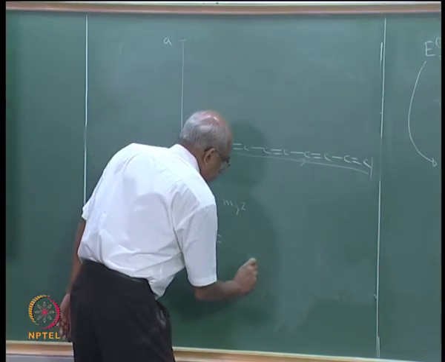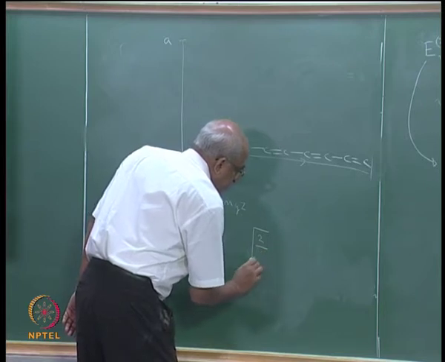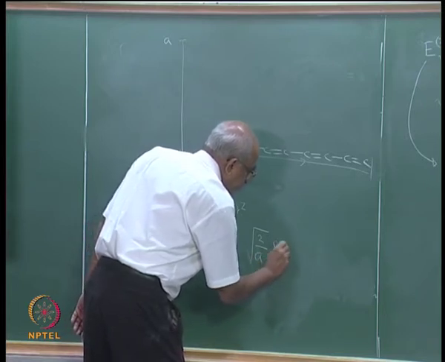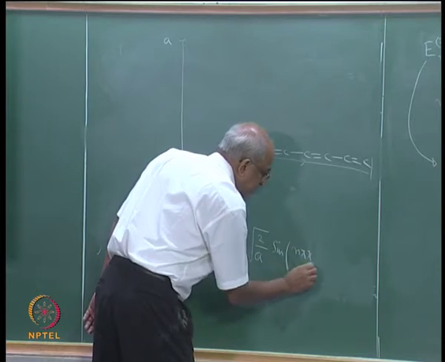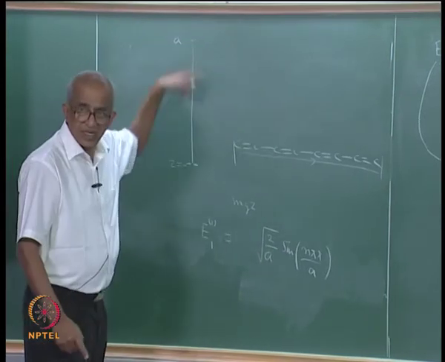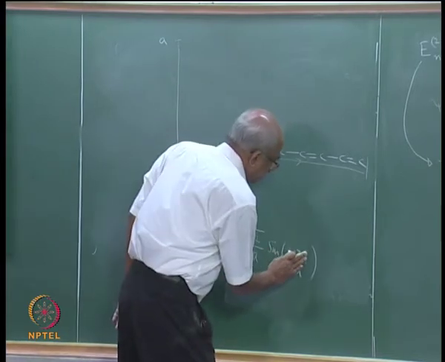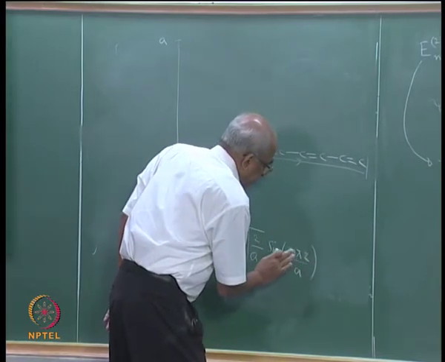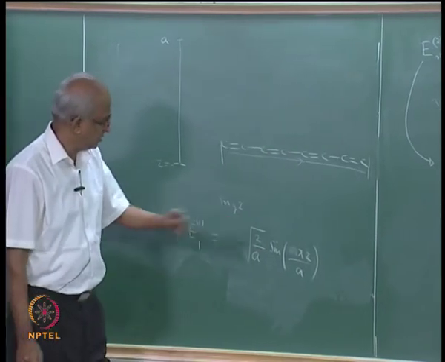The wave function will be square root of 2 by a sin, normally we would write sin n pi x by a, but here I have put my box vertical, the molecule I have assumed is vertical, so I will put a z there, and I am interested in the ground state, so n is 1. So, this is my wave function.